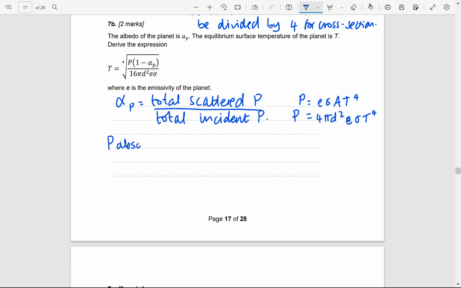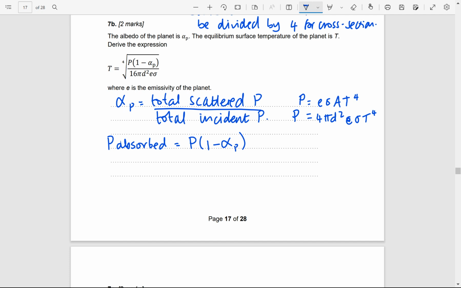We know that the power absorbed is P times 1 minus alpha. So let's say, for example, that the albedo is 0.1.